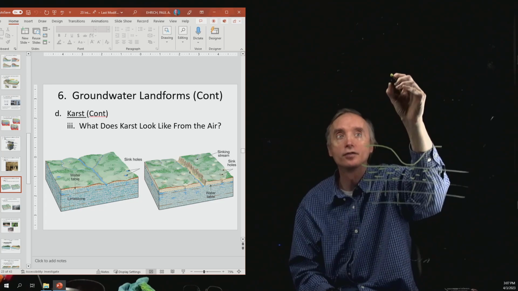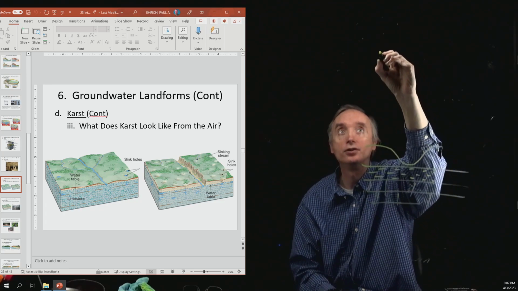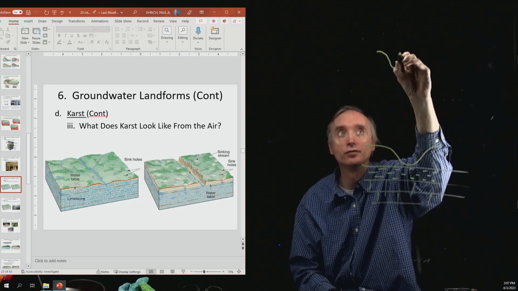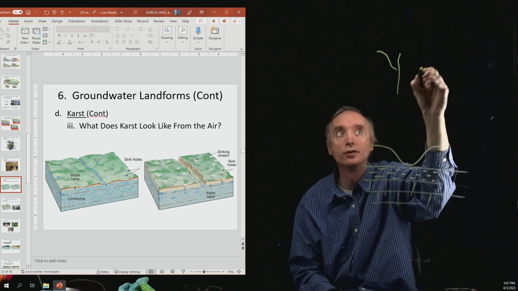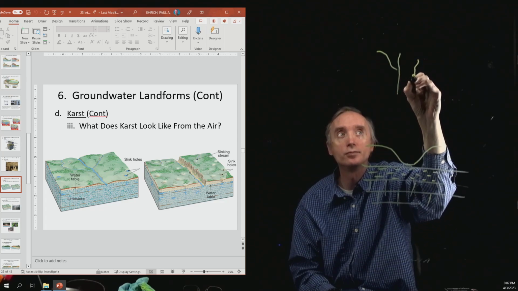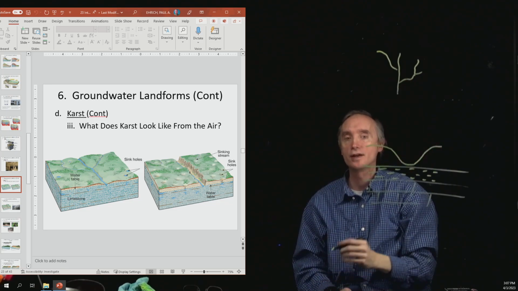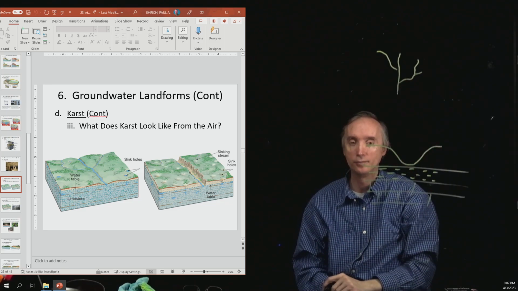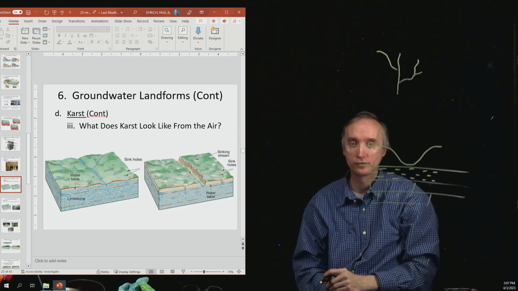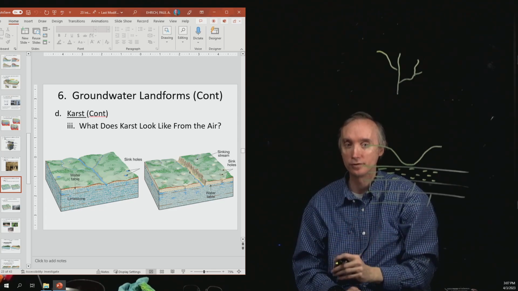From the top down view, you might have this river empty into this river, and then another stream that empties into this stream, which empties into the river. So that's going to be a dendritic flow pattern for the surface rivers.